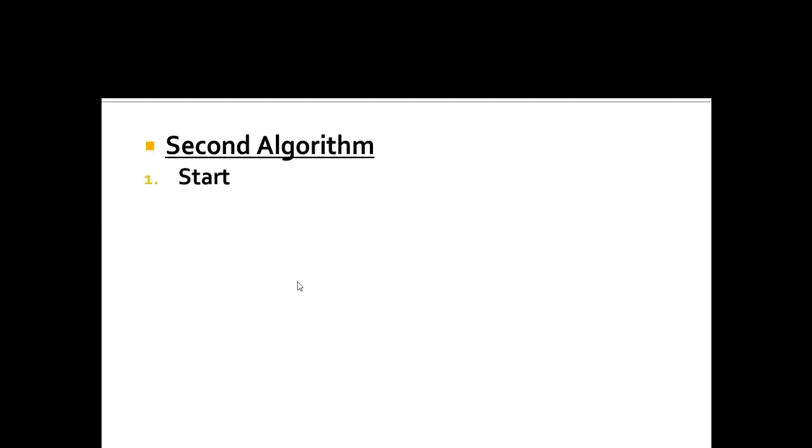So 1 start. 2, I'm going to write my inputs, and we have a keyword for writing the inputs. It should be enter the number a and b. To represent input, we're going to use the word enter. It's a keyword for the inputs.